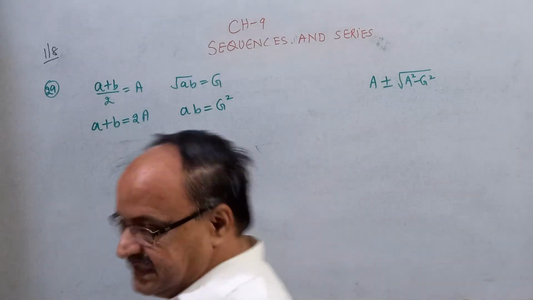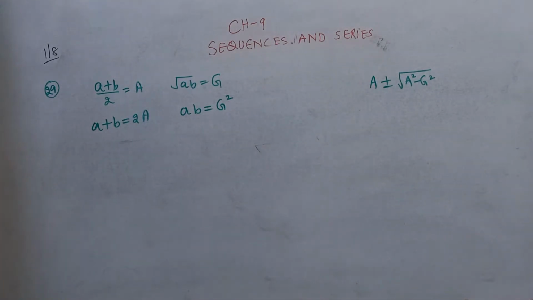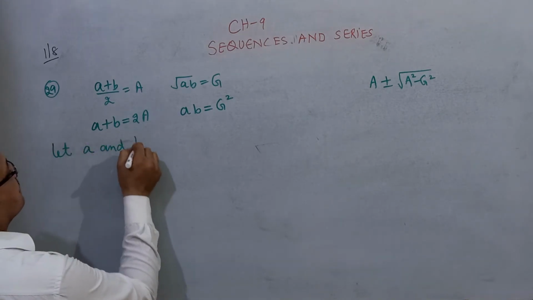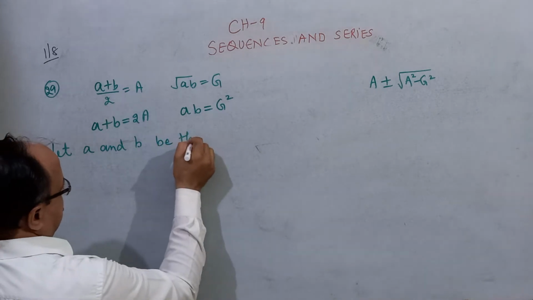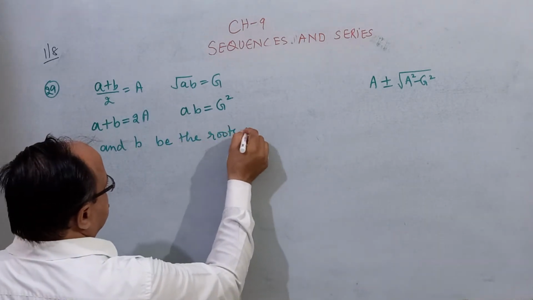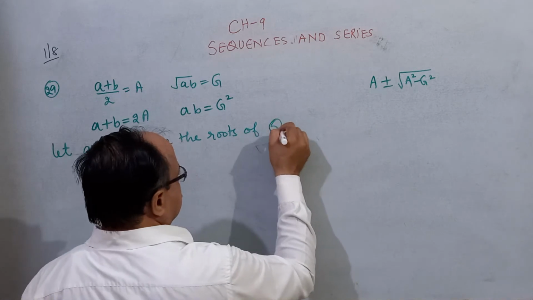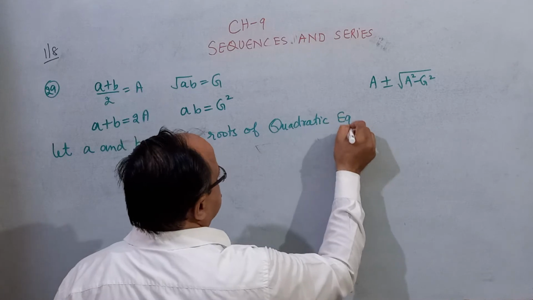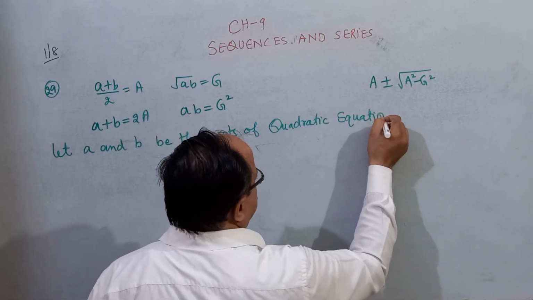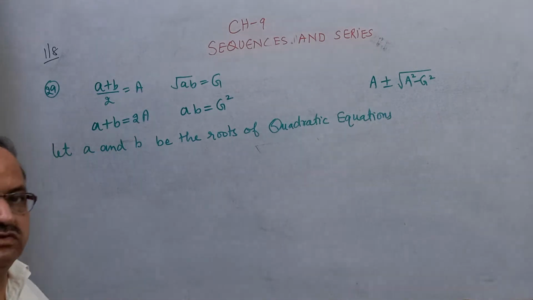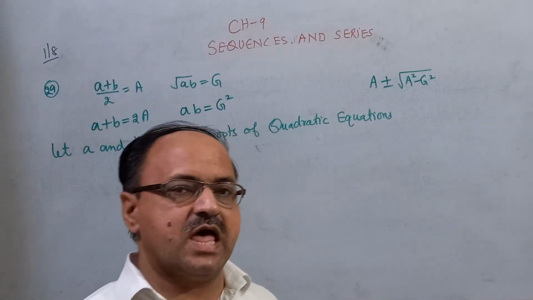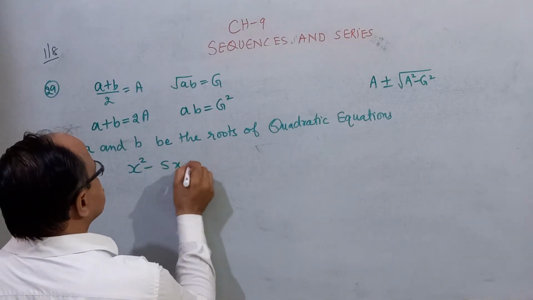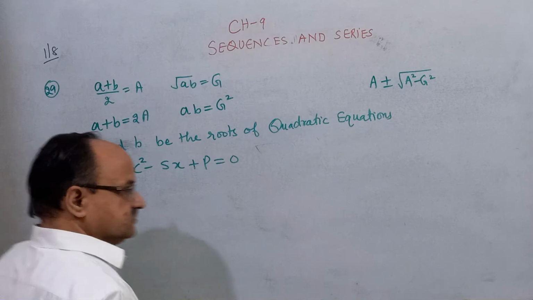And you know that let a and b be the roots of a quadratic equation. The formula for forming the quadratic equation you know very well: x square minus Sx plus P is equal to 0.